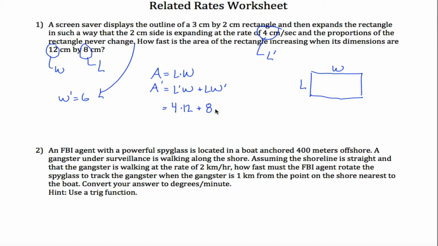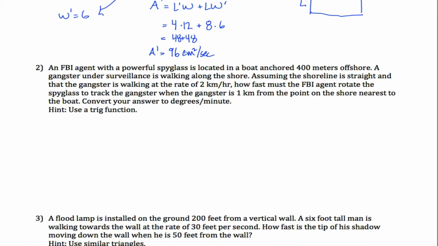But once you know that, that goes in right here. And so I get that A prime is 48 plus 48. So A prime is equal to 96. I'm not too concerned with units, but I guess in this case it would be centimeters squared per second. Centimeters squared because we're talking about area. Yeah, whatever, good enough.